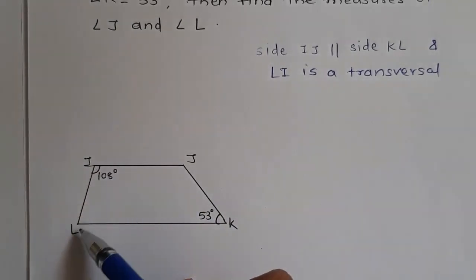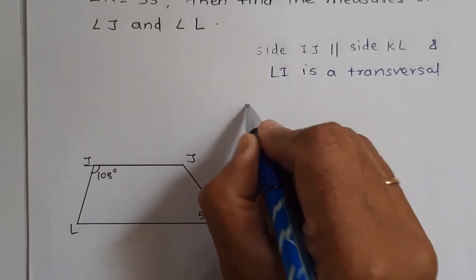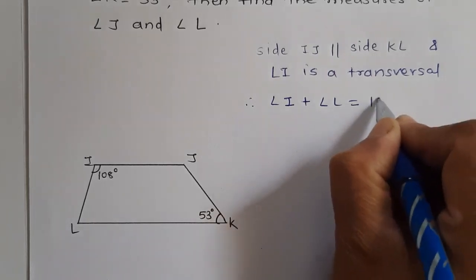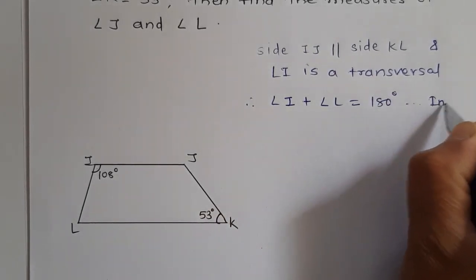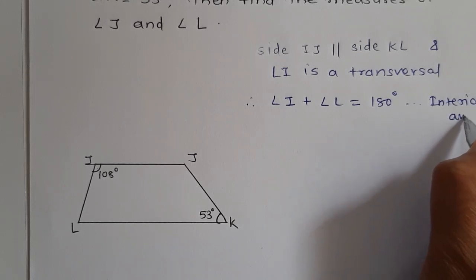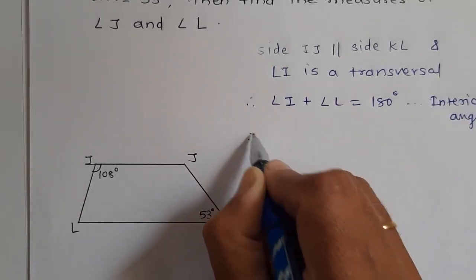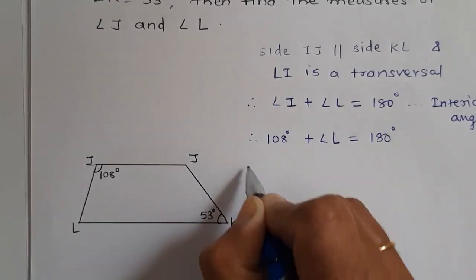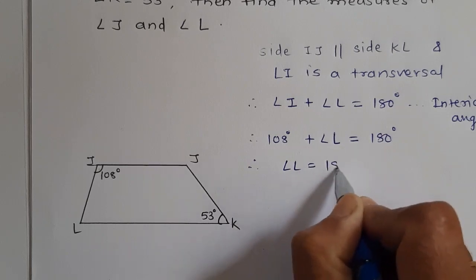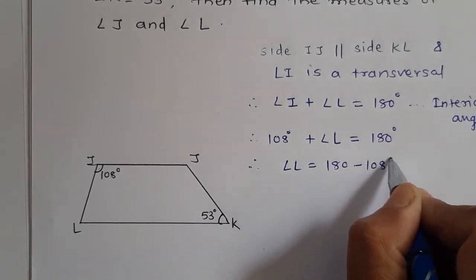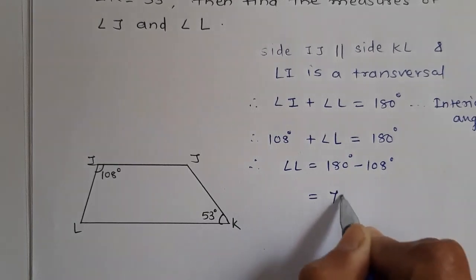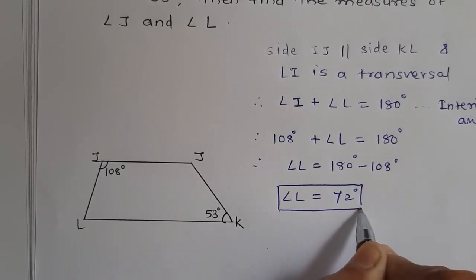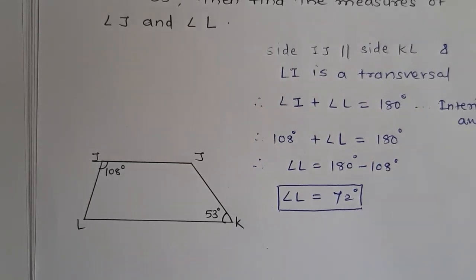Then we get angle I and angle L as interior angles. Therefore, as we know, the sum of the interior angles is 180 degrees. Now angle I is given as 108. We have to find the measure of angle L. Therefore angle L equals 180 minus 108, which is nothing but 72 degrees. Understood everyone?